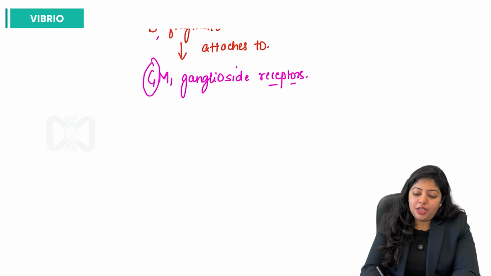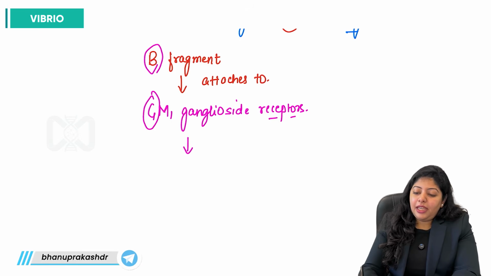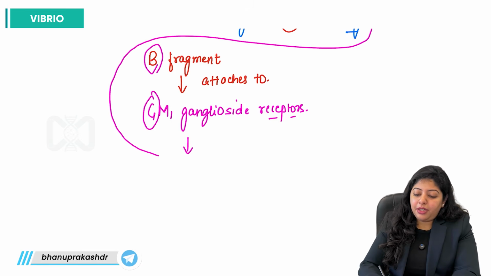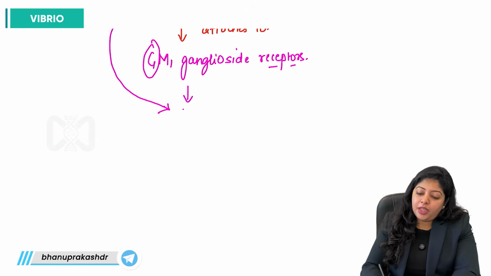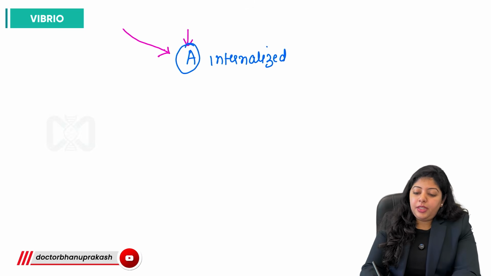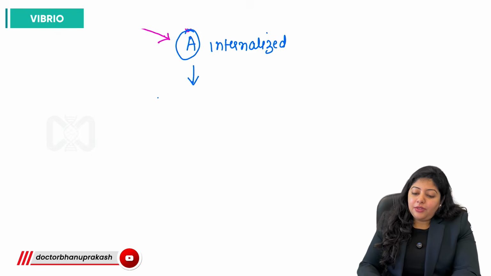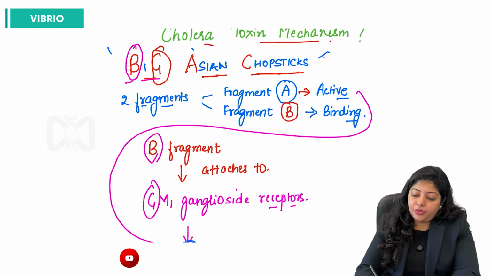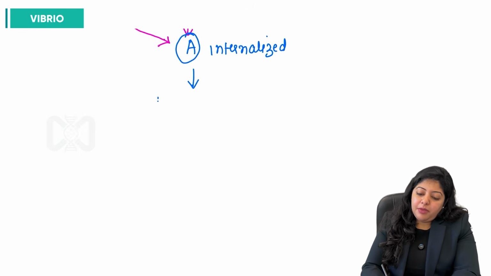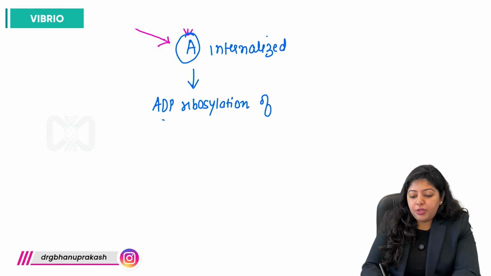So B and G have been used. Now, after attaching, this A fragment, this active fragment, is internalized. Fragment A is internalized. Now after internalization of this A fragment, what causes ADP ribosylation? Now we are using the letter A. ADP ribosylation of G protein occurs.